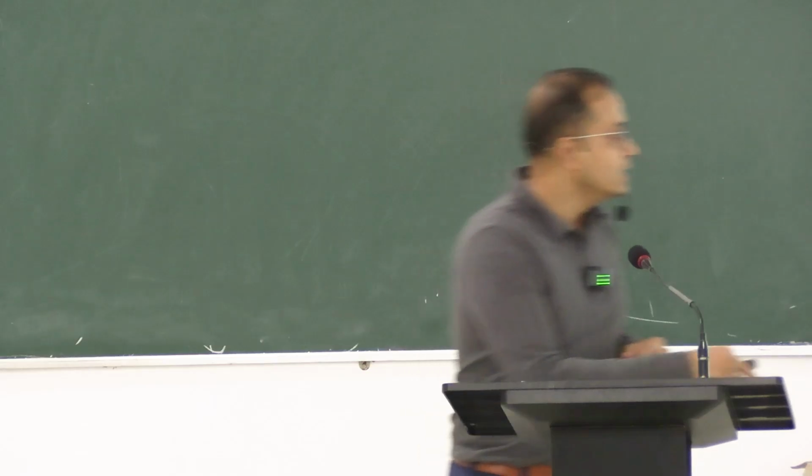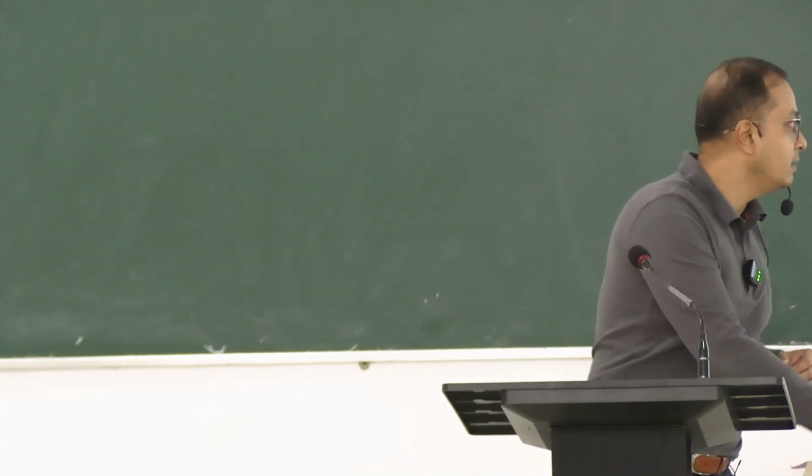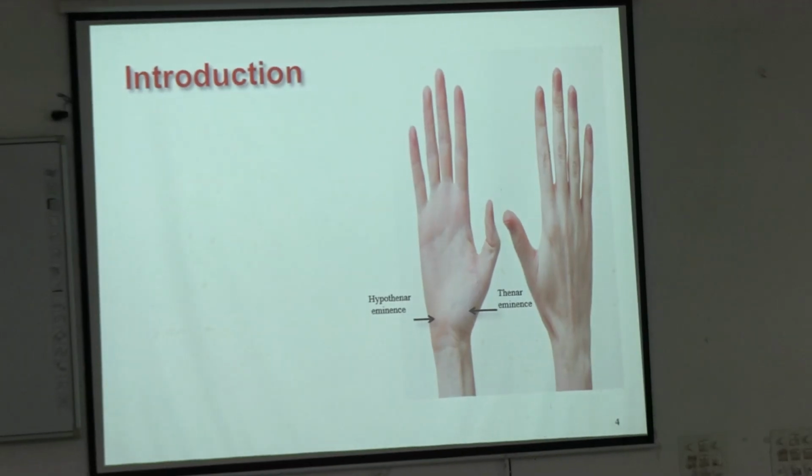Opposite to that, under the little finger or pinky, there is another elevation, a little bit smaller than the thenar eminence, which we call the hypothenar eminence. Between them we have a cavity, the midline concavity.